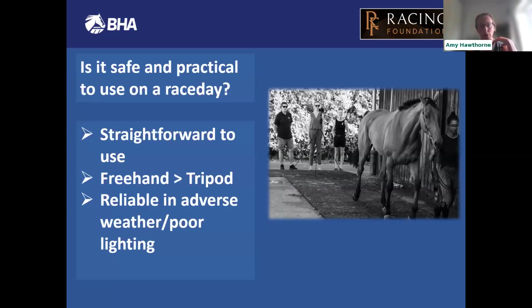We've just come to the end of a year-long trial where we've used Sleip at our all-card trot-ups, which is when we examine every runner at a racecourse. We've done that at 100 all-card trot-ups, and reviewed the information we've got and listened to our participants to see what they think of gait analysis as part of regulation.